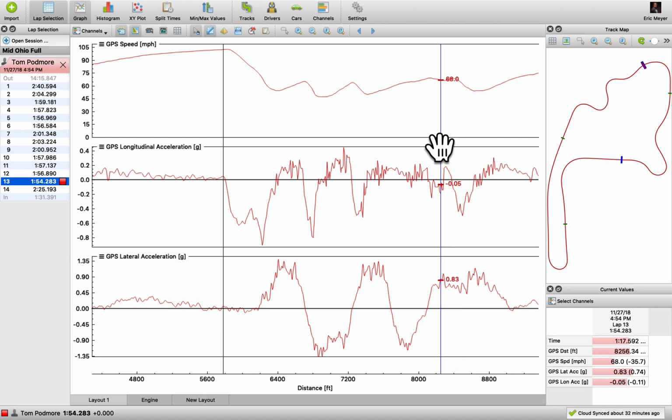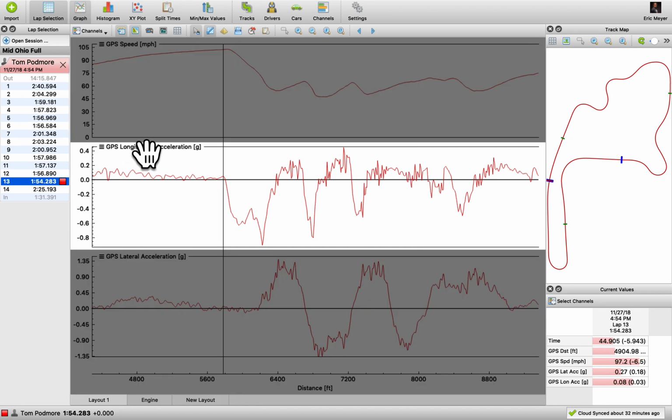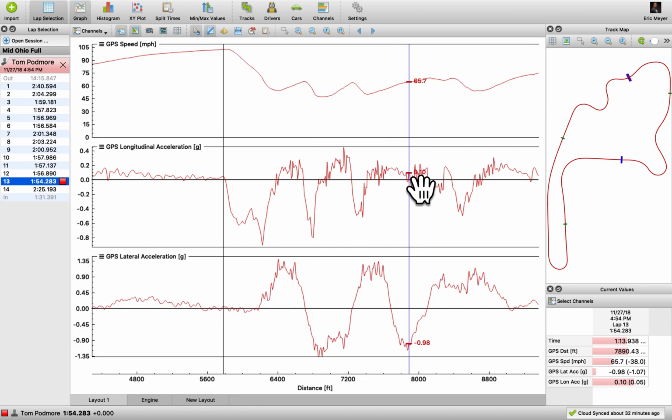So we can see this in the longitudinal channel in the form of negative longitudinal G's, or deceleration, a rate of deceleration. And what we see right here is where the speed line goes down happens to correspond with some squiggly lines underneath this black zero reference line, which quite frankly says the car is braking.